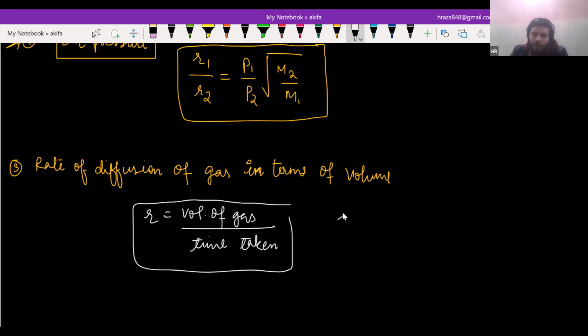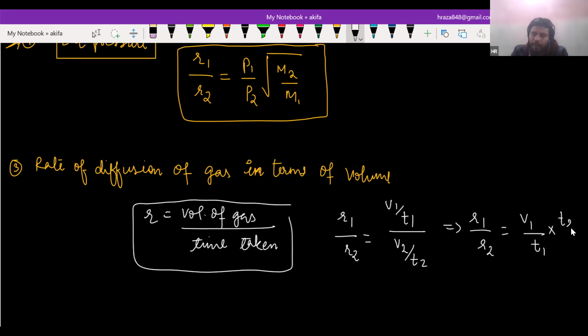So from this formula we can get R1 upon R2 equal to V1 upon T1 upon V2 upon T2. Then we get another form: R1 by R2 will be equal to V1 upon T1 into T2 in numerator and V2 in denominator.